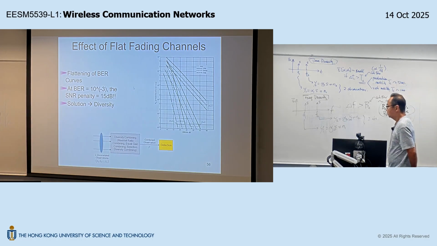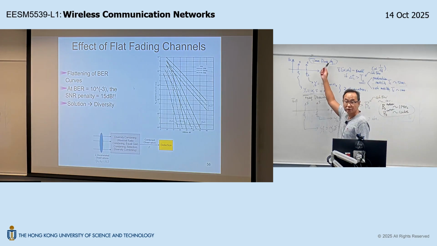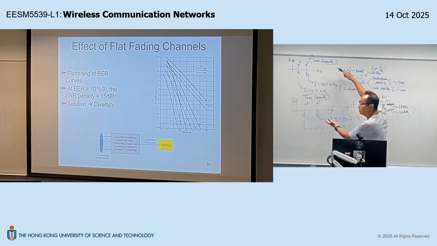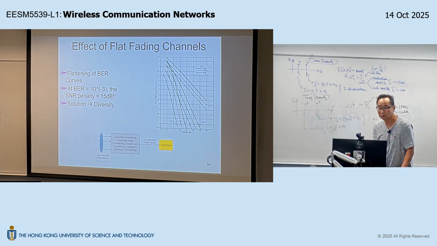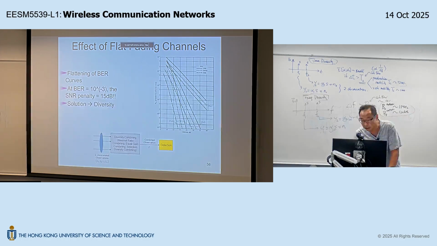Now for time diversity, let's say. Both of these designs, in this example, give you two order diversity, right? So that means the error probability curve will have the slope double, like this case. Okay? It doesn't matter whether these 2 order diversity are coming from time or coming from frequency. The error probability curve will have the same slope.